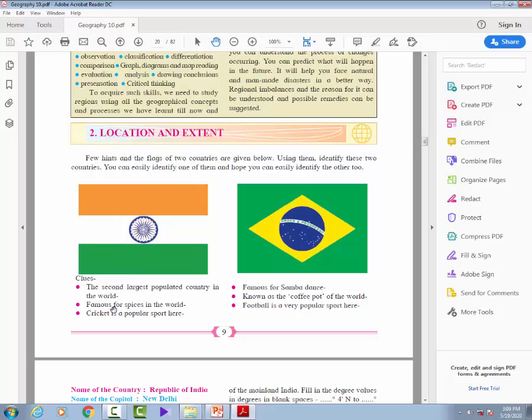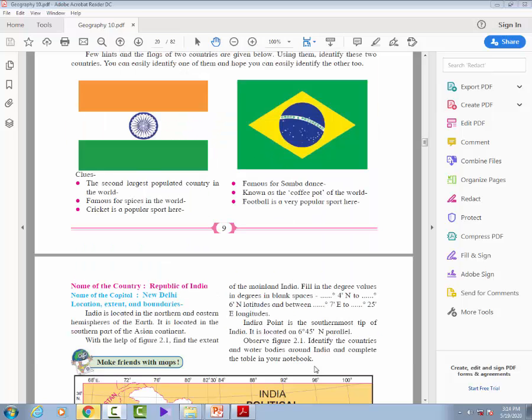Okay, see students, here we have two flags. One is very easy, as we are Indians, we recognize it very easily. This is the flag of India, right? Let's see the clues. Clues for the first flag: the second most populated country in the world, famous for spices, and cricket is a famous sport here.